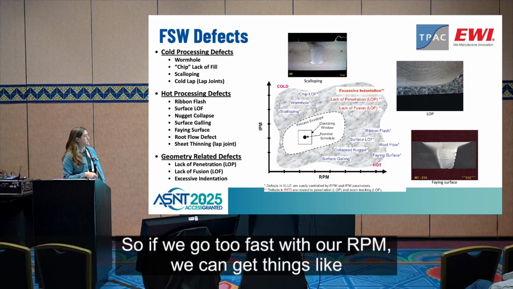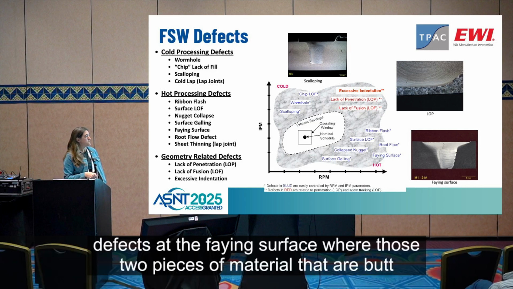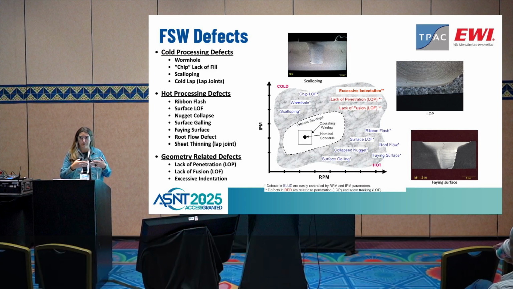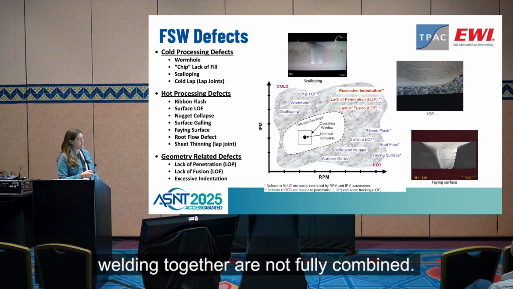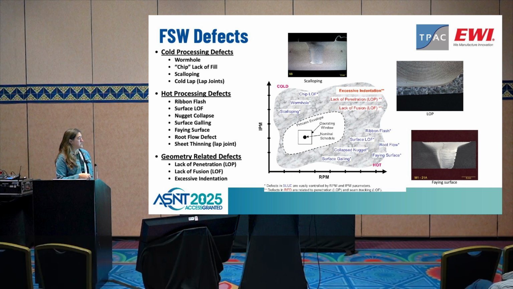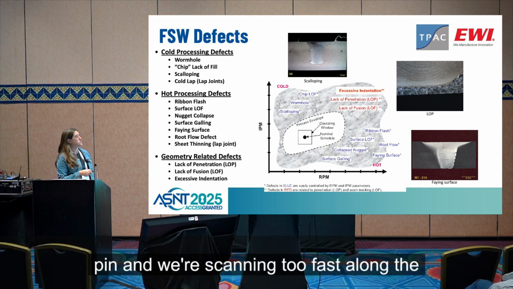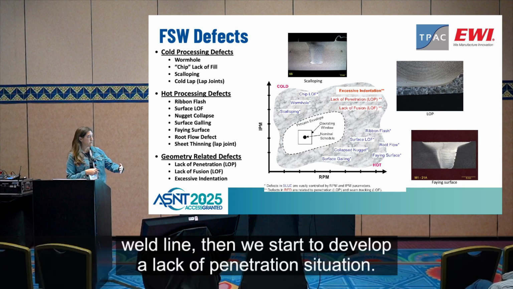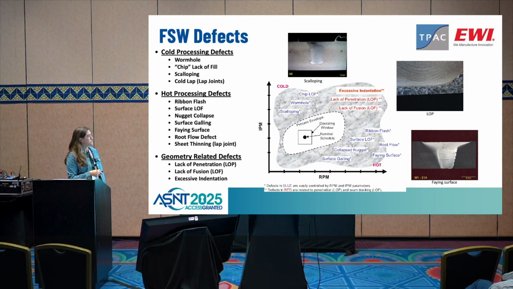So if we go too fast with our RPM, we can get things like defects at the faying surface, where those two pieces of material that are butt welding together are not fully combined. If we run too fast on the pin and we're scanning too fast along the weld line, then we start to develop a lack of penetration situation.